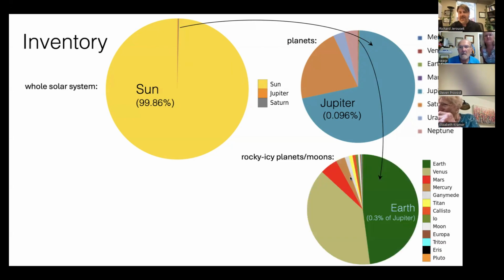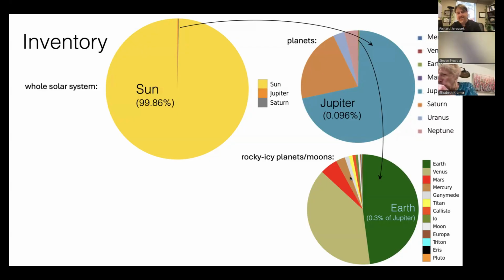If we take a look at that, we see that Earth is about half of all the rocky, icy planets and moons in our solar system. A close second is our twin, Venus, which is roughly 85% of the mass of the Earth.